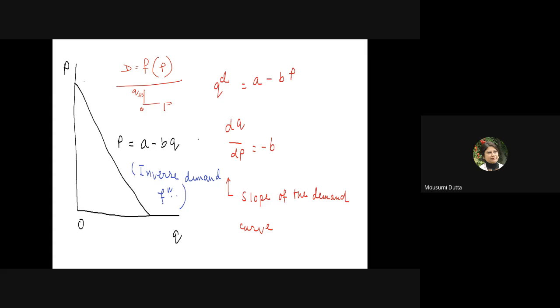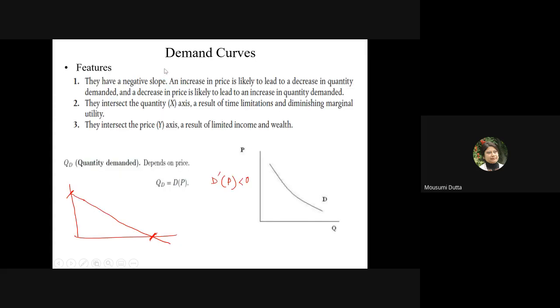Am I right? Everybody is getting this point? Ma'am, can you tell once more about the inverse demand curve? Yes. I am telling that Q is a function of P. QD is a function of P. However, while I am putting the demand curve using a graph, I am measuring Q along the horizontal axis, P along the vertical axis.